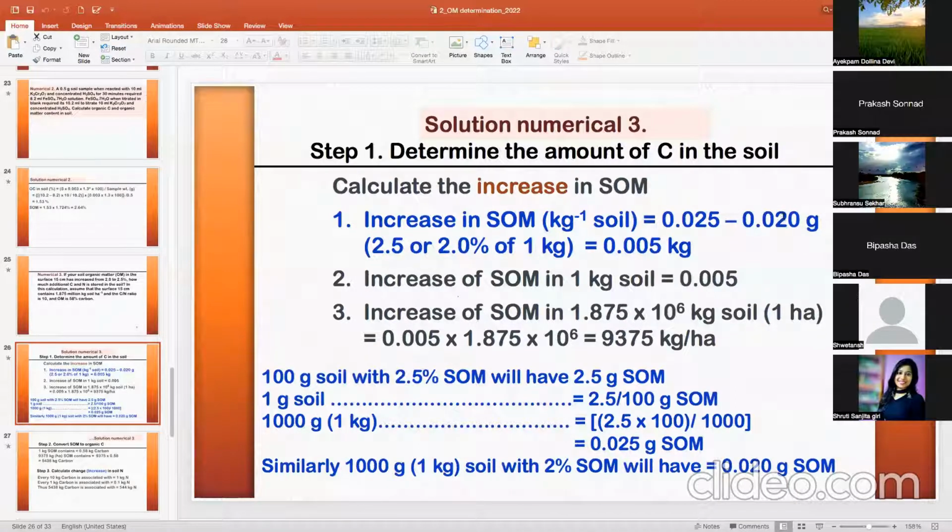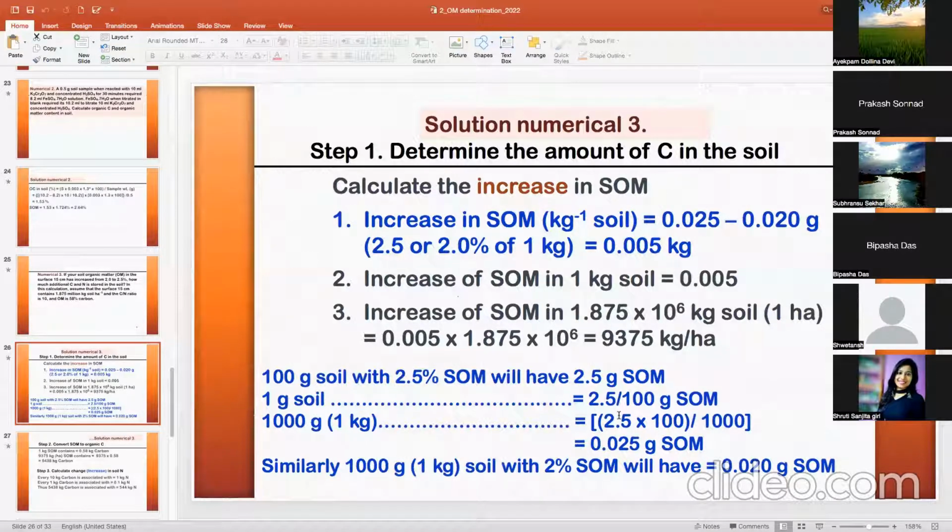I will show you how it is worked out. See the blue color. 100 gram soil with 2.5% soil organic matter will have 2.5 gram SOM, because the concentration is 2.5%.